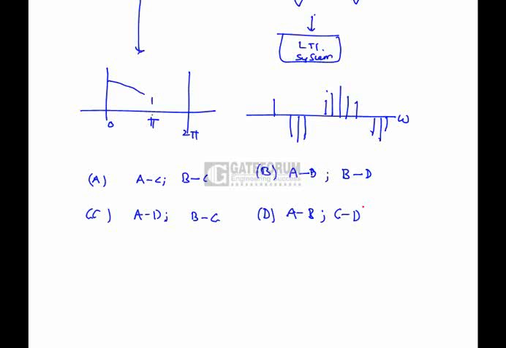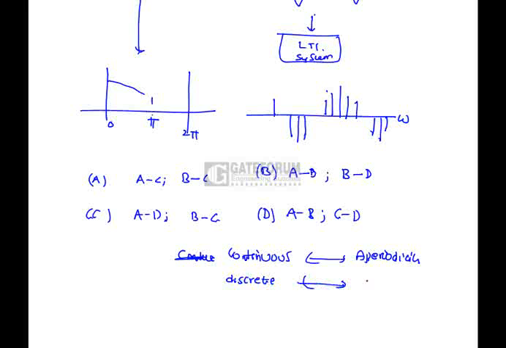The question is, if the system of figures shown below is linear, causal and time invariant, the frequency characteristics corresponding to the signal input are respectively. We need to identify one thing. Before looking at the question, we should know that for an LTI system, continuous and aperiodicity, and discrete and periodicity, these two are the transform pairs.